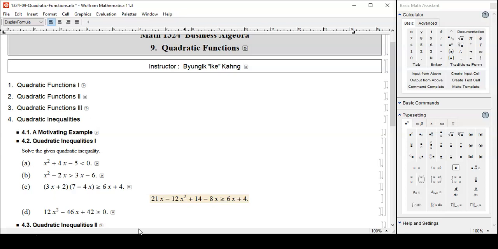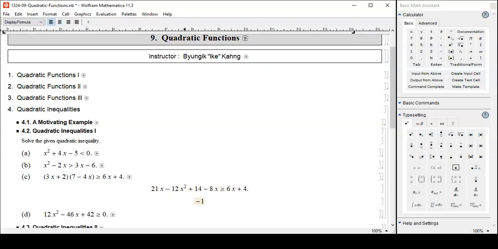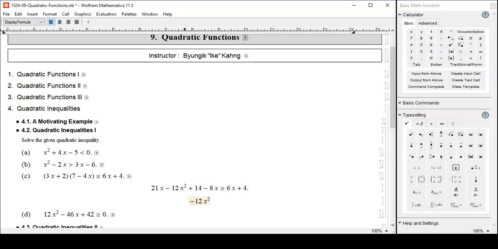Okay, let me flip everything to the right hand side, but before that let's do some simplification. Negative 12x squared plus 21 minus 8, so that is 13x plus 14 is greater than or equal to 6x plus 4. Let's see, just combine this.